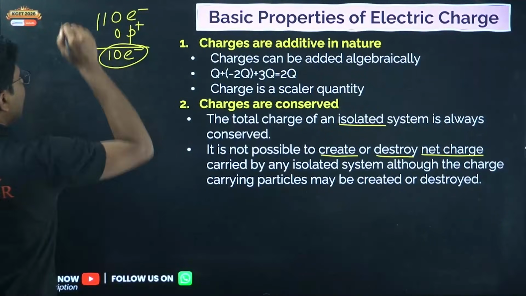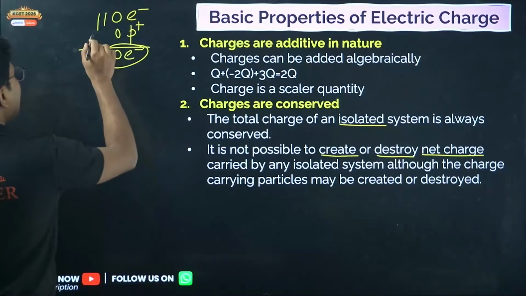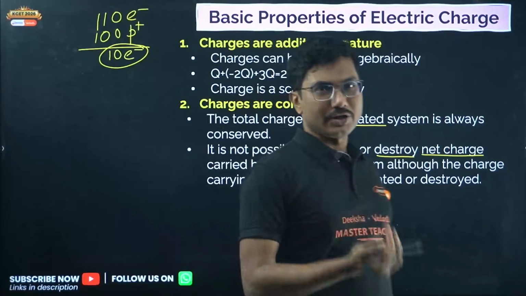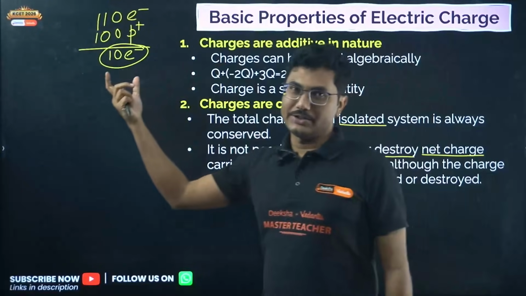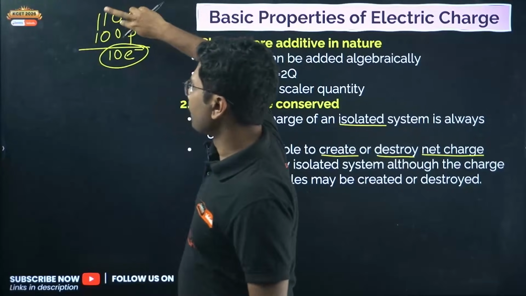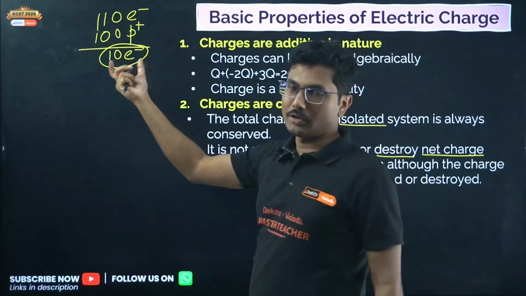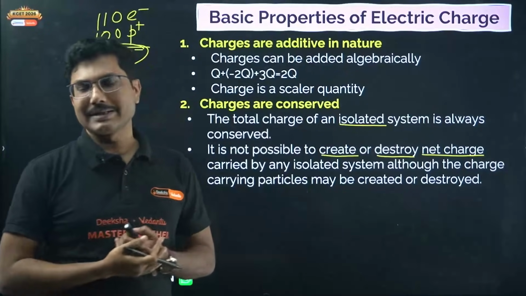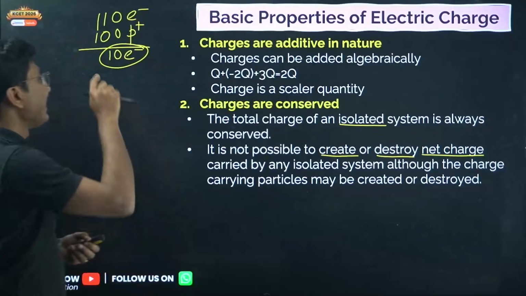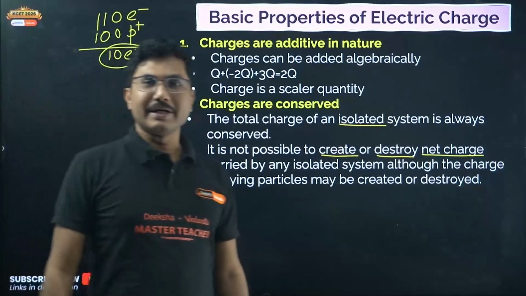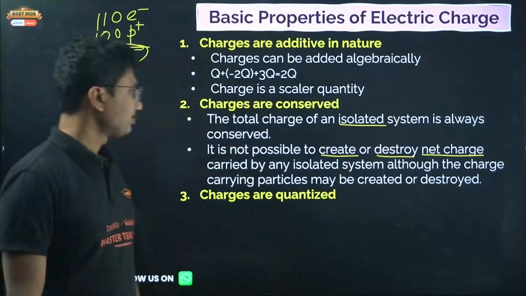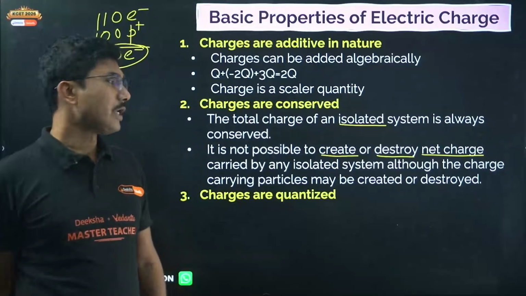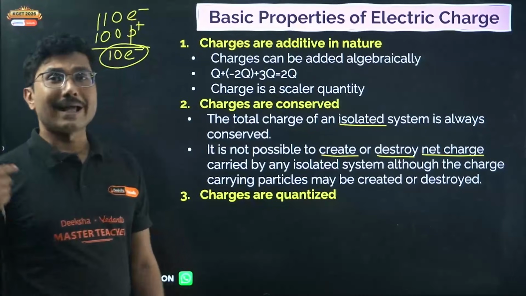Suppose the electrons increase by 10, then the protons will also increase by 10, and the net will remain unchanged. The charge carrying particles can be created or destroyed, but the net charge cannot be created or destroyed.